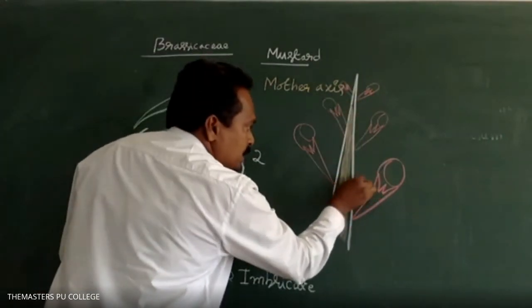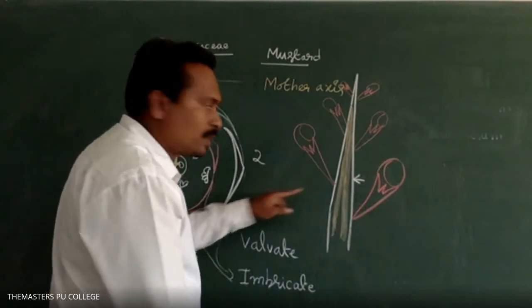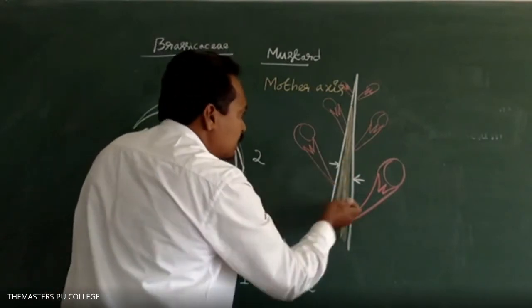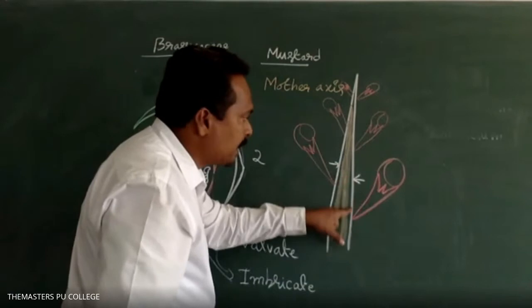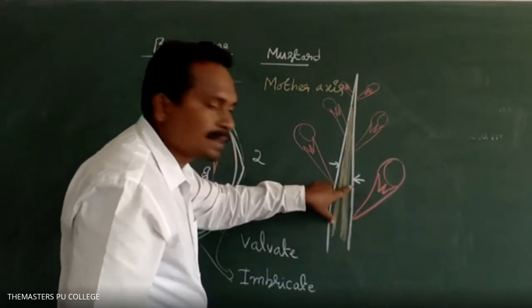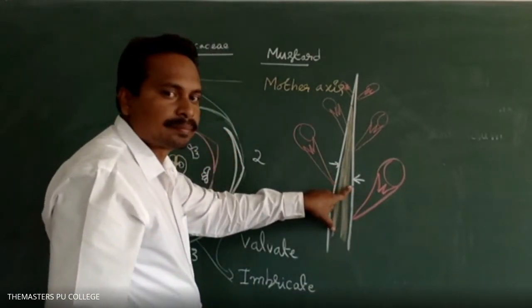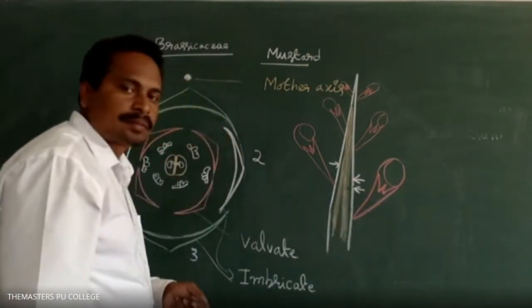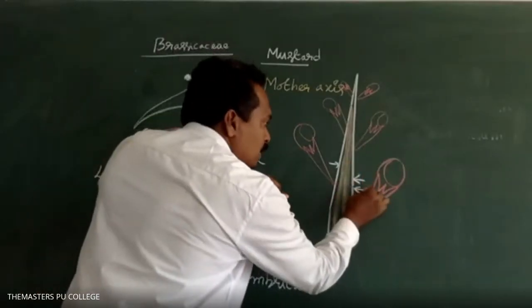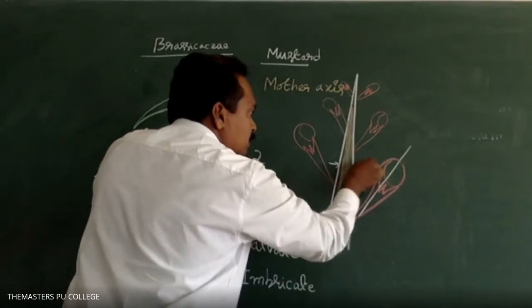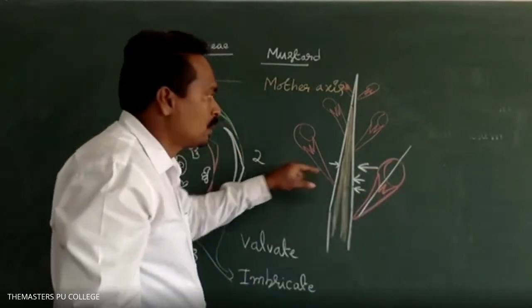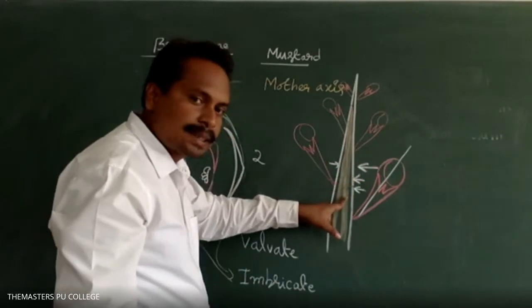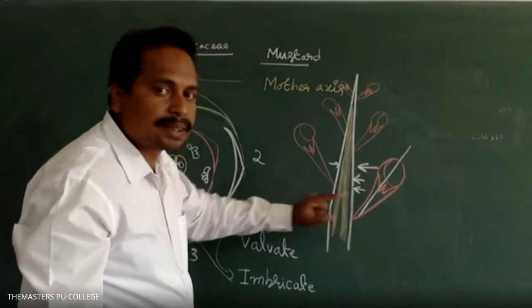Towards this side, the arrow mark represents the floral axis. The axis towards the flower is called the mother axis; the peduncle is known as the mother axis.